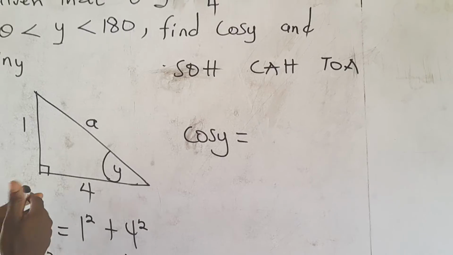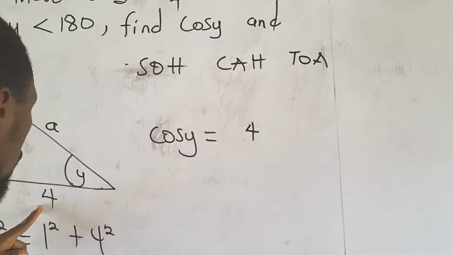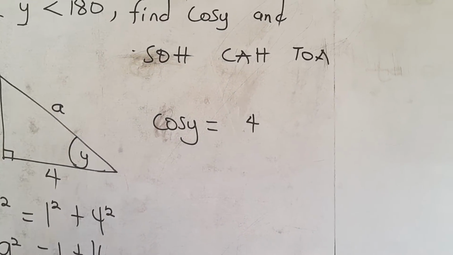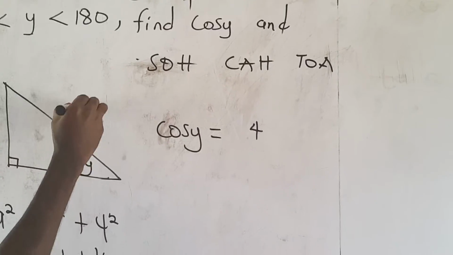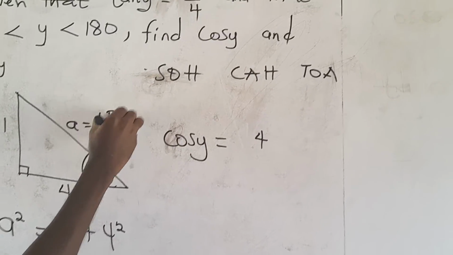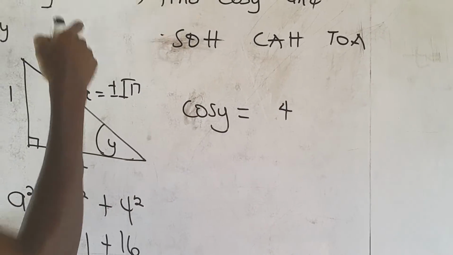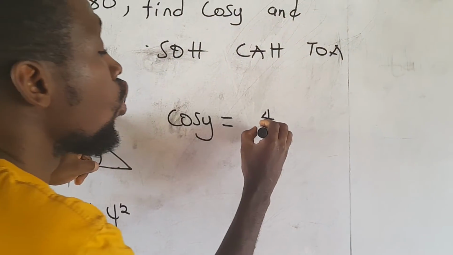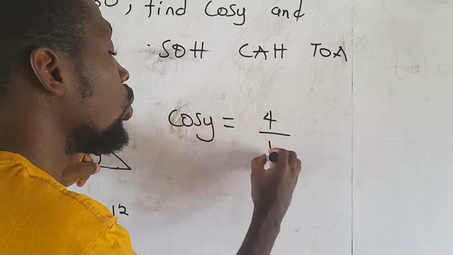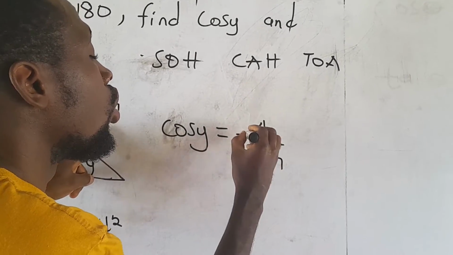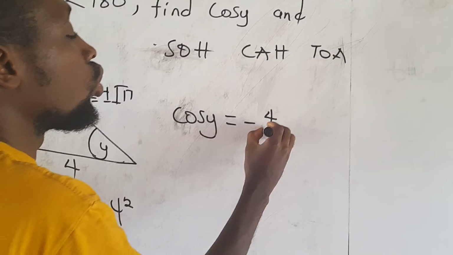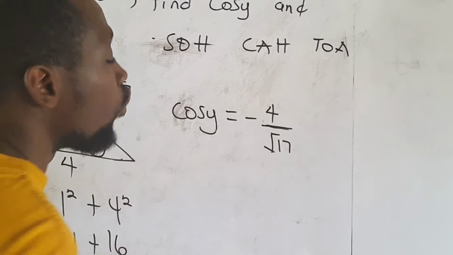Our adjacent is 4, and our hypotenuse is plus or minus root 17. However, since cos is negative in the second quadrant, we'll take the negative aspect. So cos y will be equal to negative 4 over root 17.